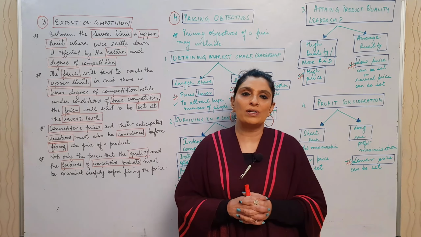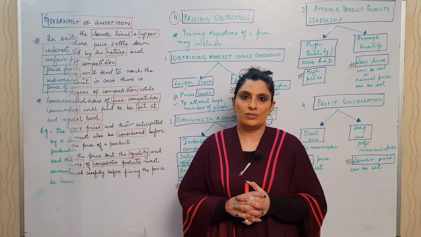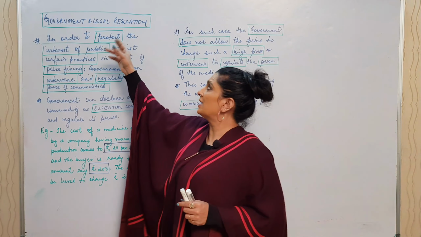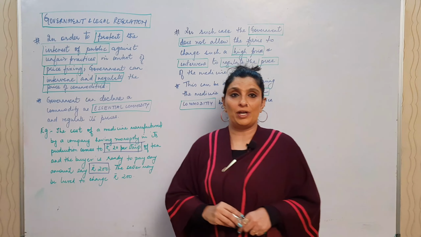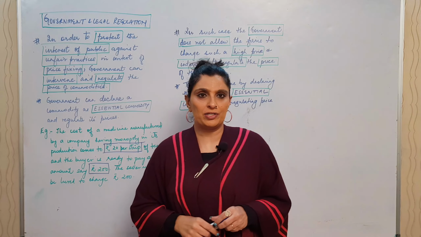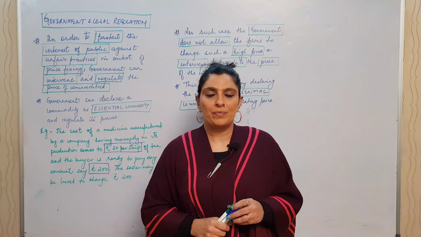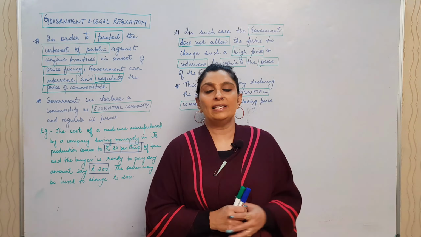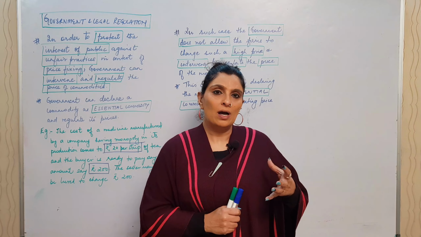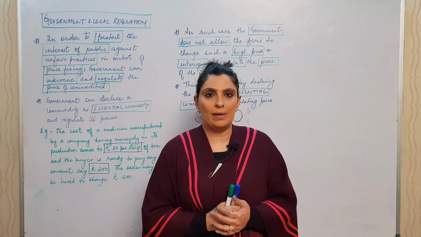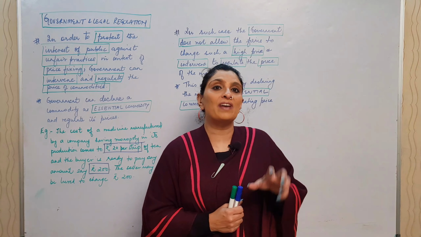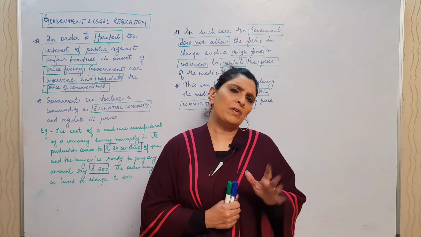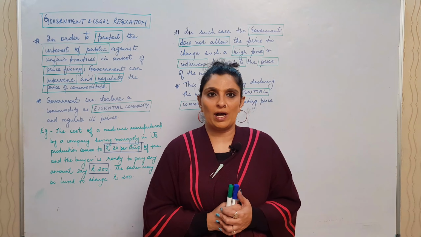Next, we are going to talk about government and legal regulation. The last point in factors affecting price is government and legal regulation. Now, when we talk about government and legal regulation, what are we highlighting? See, if a company spends a lot of money on R&D and they price a commodity at a very high price, and their manufacturing cost is very less and they're selling it at a very high price in the market, people will buy it because they need that particular product.